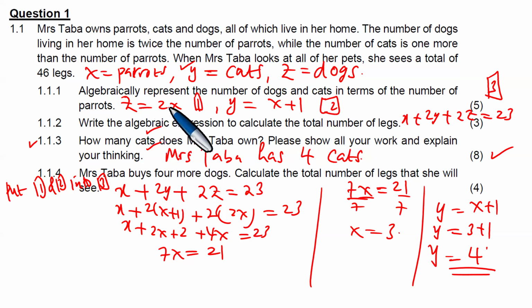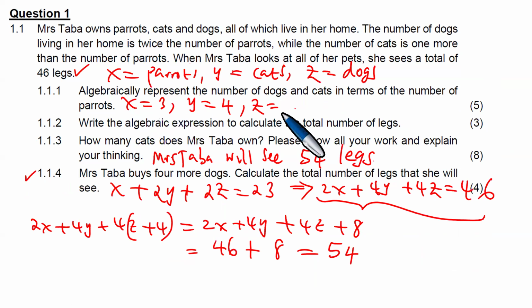But Z became 2x. Z was equal to 2x. So I'm just saying there are many ways to do the question. So Z is 2x, which means it is 2 by 3, which is 6.